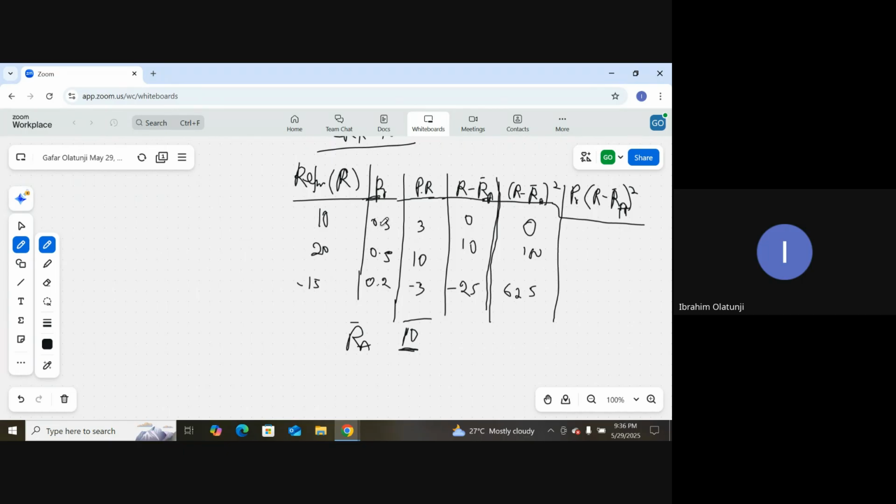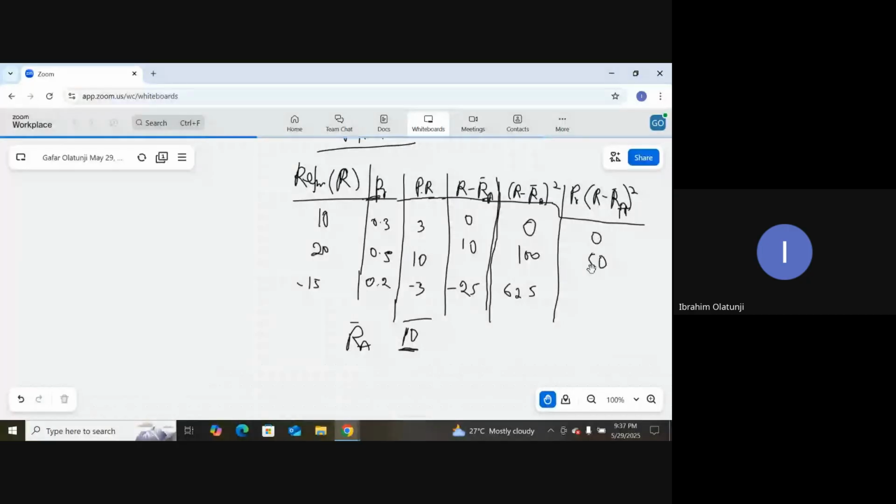So, probability 0.3 times that is 0. 0.5 times 50, 100. Okay, 50. Then 125.